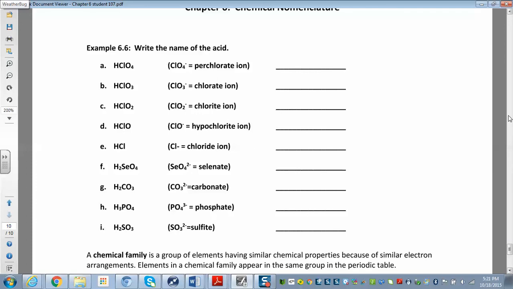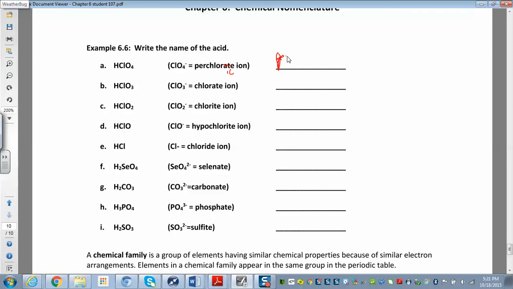Here they give you the name of the polyatomic ion in parentheses, the oxyanion over here. So HClO4, that's the perchlorate ion. So what do we do to -ates? Drop the -ate, becomes -ic.